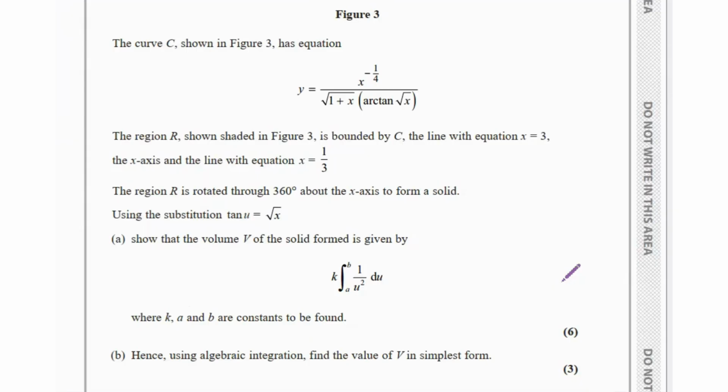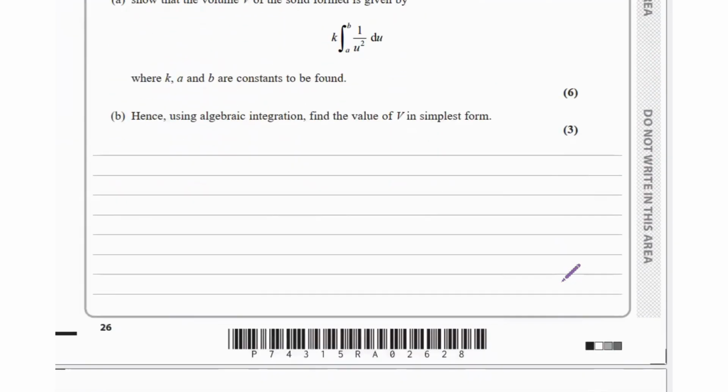Okay, so let's start with the first part. We have this equation for y. We know that tan u equals root x, and we have to use a substitution to integrate this and then find the equation for the volume. So let's begin with using tan u equals root x.